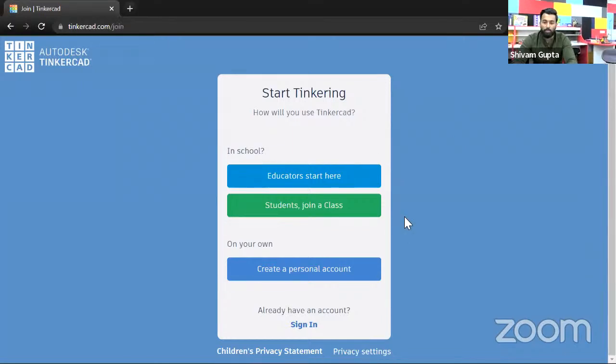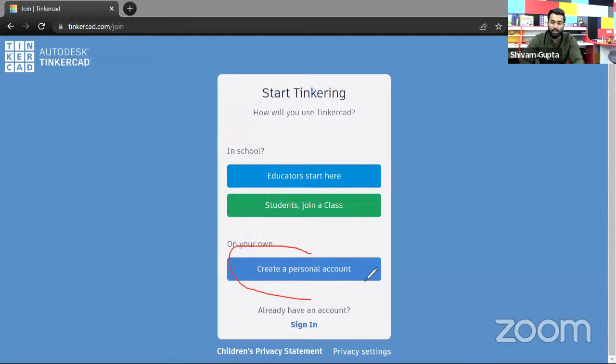Okay, so now here we will be getting three options. That is educator start here, students join a class and create a personal account. So we will be creating a personal account so that we can use this platform even after this session. So just click here on create a personal account.